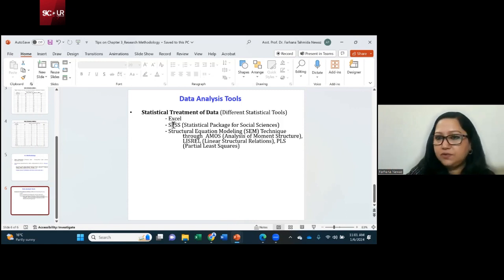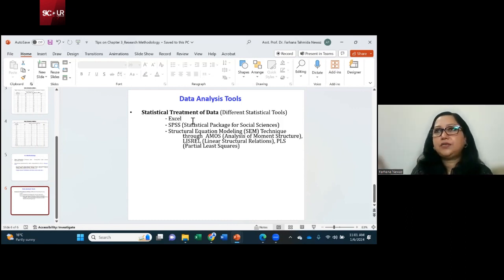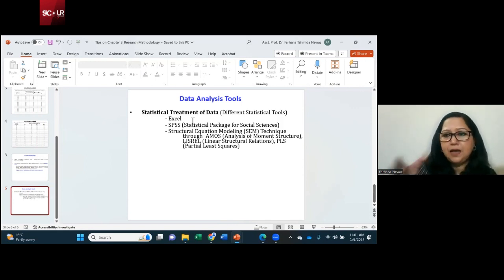Either you can go for SPSS. Don't use Excel. Excel, usually we just record all the information from the respondents in Excel, and then from Excel we transfer it to the SPSS sheet.